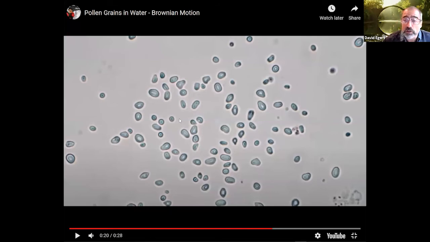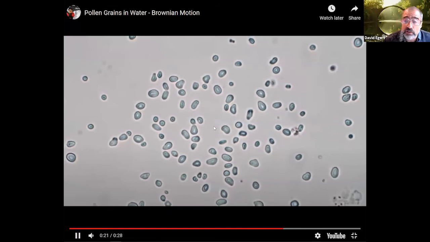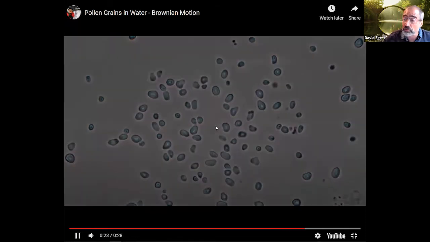You're not quite sure what's going on, but this is the same thing. The little water molecules are just whacking these little pollen grains everywhere. This is indirect evidence of this submicroscopic molecular motion that is going to be responsible for diffusion and osmosis.